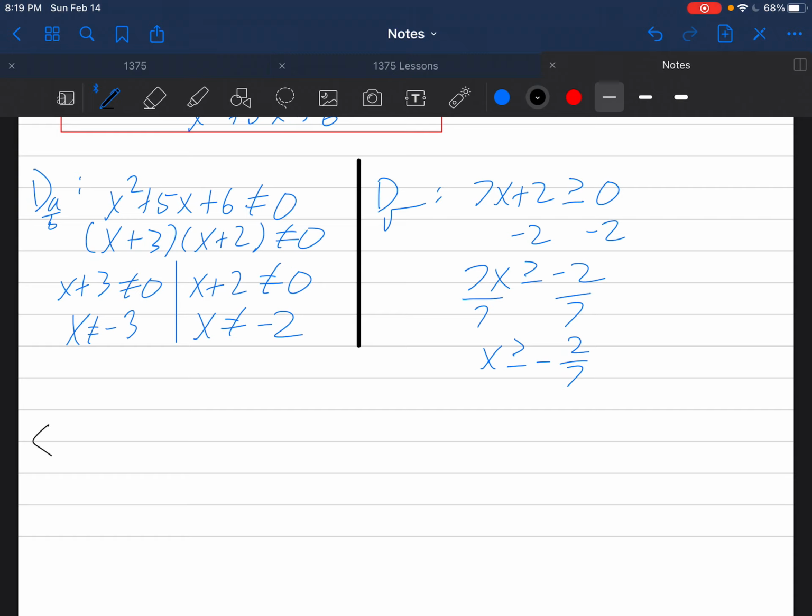So let's take a look at how this is going to look on a number line. Right, let's put our critical values. Let's see, we have negative 2. Oh, sorry, the first critical value we have, reading from left to right, is actually negative 3.